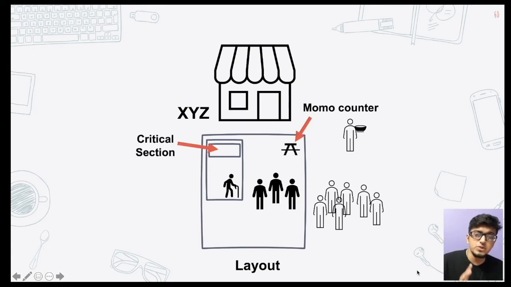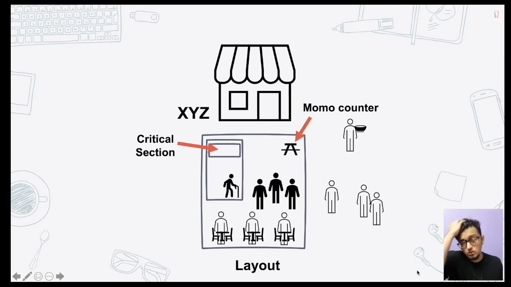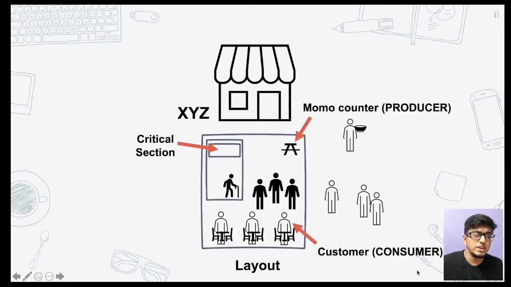And this time the restaurant is not only giving a takeaway service, but also a sitting arrangement within the restaurant. Now in this situation, you have to understand one simple thing: the Momo counter will only produce Momos whenever there is a requirement from the customer. So basically over here the Momo counter is your producer and the customer is your consumer.